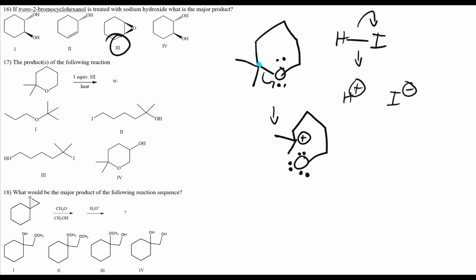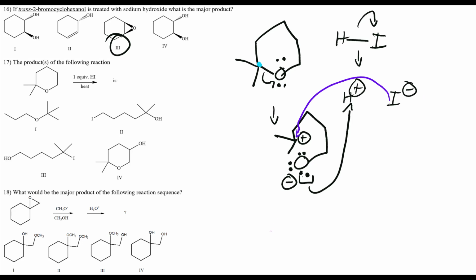Okay, so that happened. And of course, since this oxygen is more electronegative, he's going to want to connect to the hydrogen to make an alcohol. And then this iodine sees this positive carbocation, and he's going to be more attracted to this positive carbocation. He's going to attach.